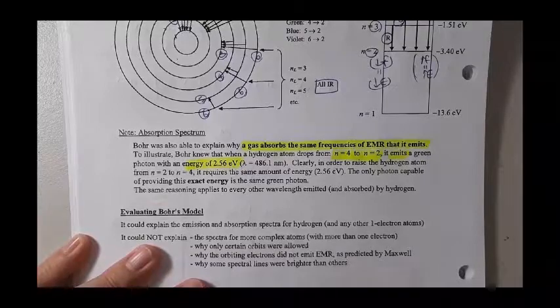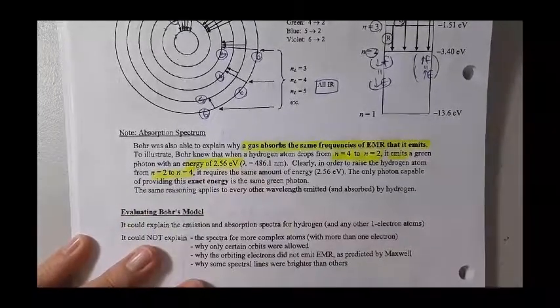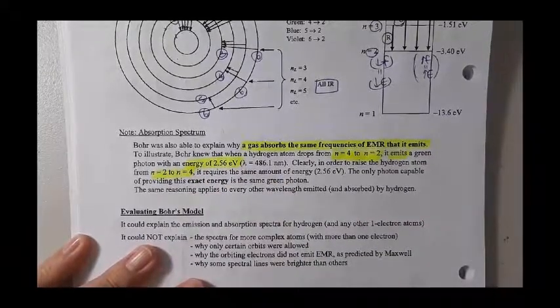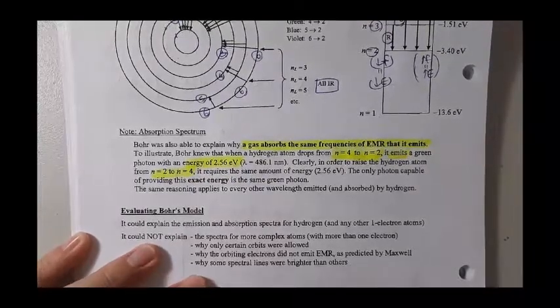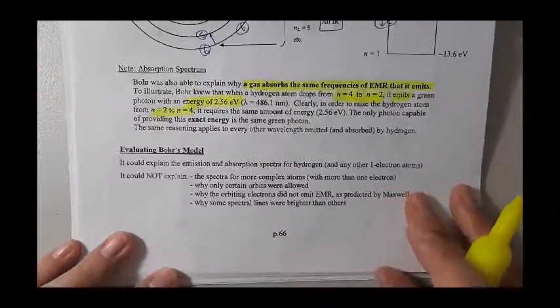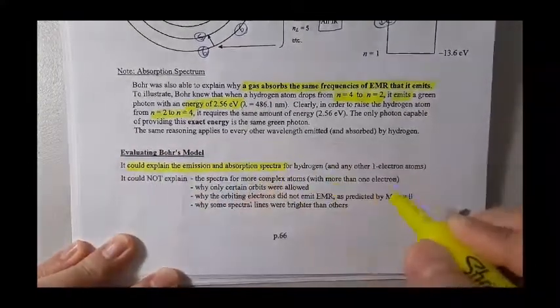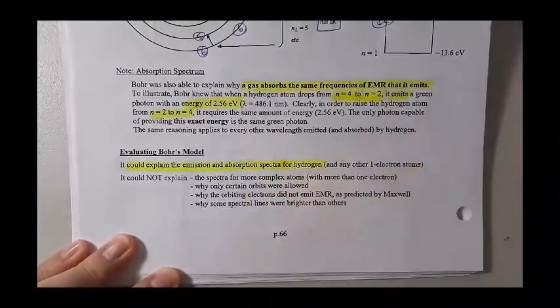And in order to absorb 2 to 4, it involves the same quantity, 2.56. The only photon capable of providing the exact energy was the reason why an electron can be excited or relaxed. So the Bohr model could explain the emission and absorption of spectra for hydrogen.